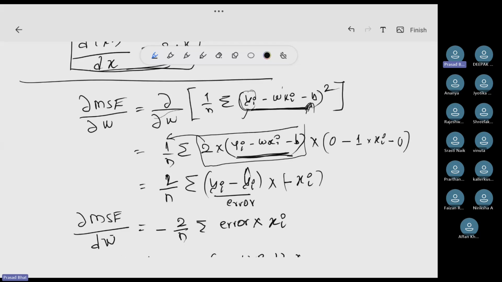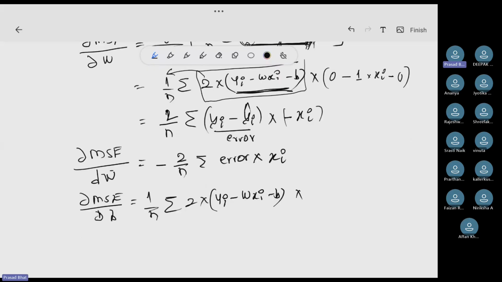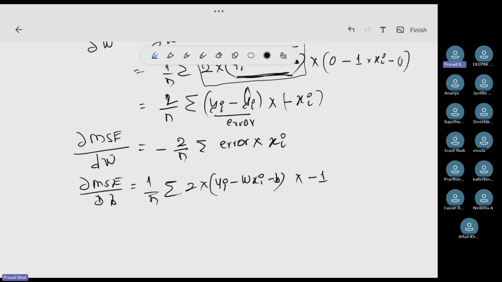So the derivative of a constant is 0. Derivative of another constant is 0. And derivative of b is 1, correct? So we have minus 1. Let me write it here. So dou MSE divided by dou b is equal to minus, this 2 is coming out, so 2 by n sigma error. That's it.